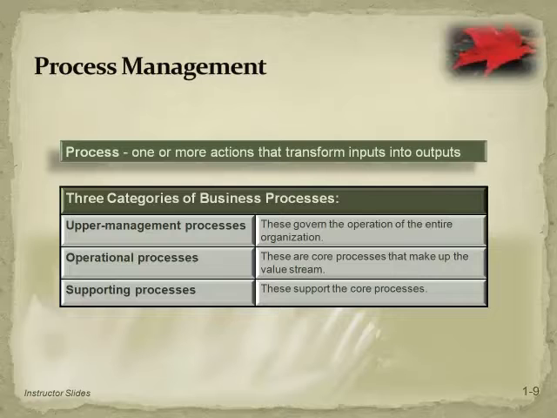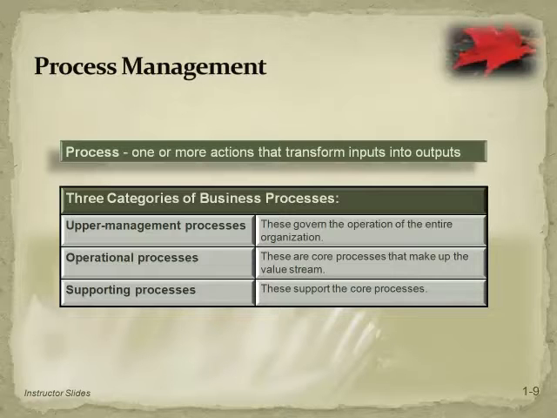So every process has certain inputs in order to begin, and at the end of the activity or the task, there is some output at the end of it. So we can categorize the processes within a company into 3 broad categories. And there are literally hundreds of processes within a company.